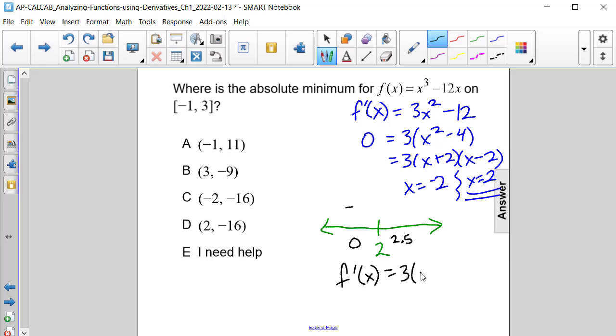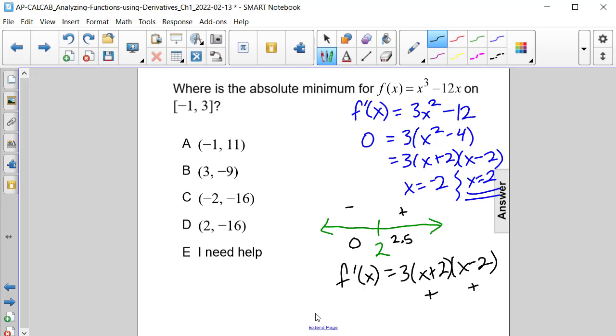That'll be 3 times x plus 2 times x minus 2. And if we substitute 2.5 in, 2.5 plus 2 will be 4.5, so that's positive. And 2.5 minus 2 is +1/2, also positive. Positive times a positive times this 3 is going to be positive.